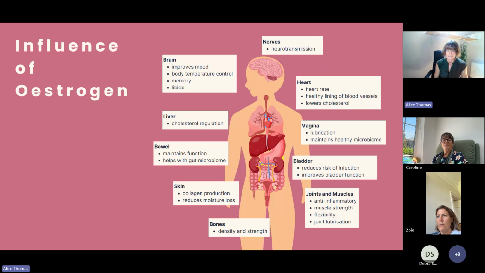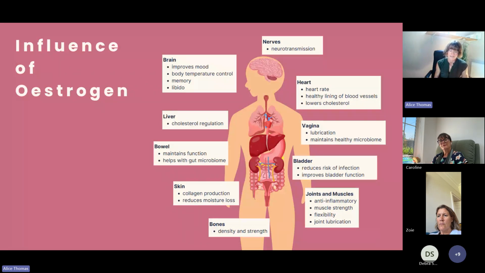It influences mood and regulates body temperature as well. It also helps with bowel function and maintains the gut microbiome. It also helps to maintain the health of our skin, hair, joints and muscles, mucous membranes. It promotes vaginal lubrication and supports the urinary tract and the pelvic muscles as well.